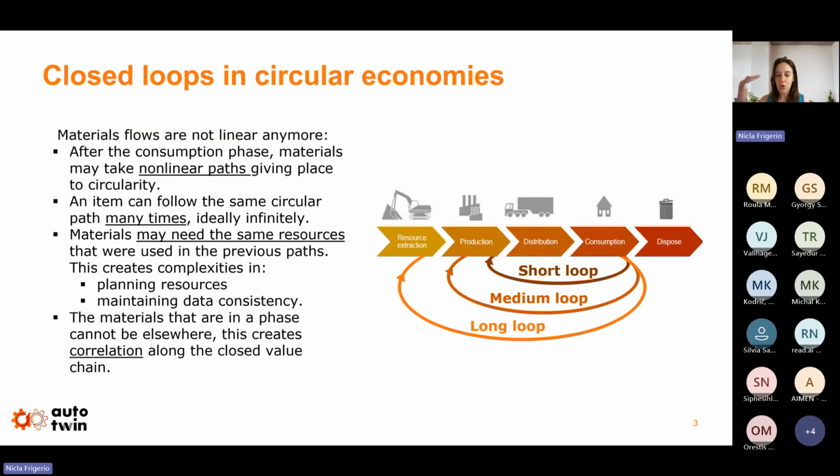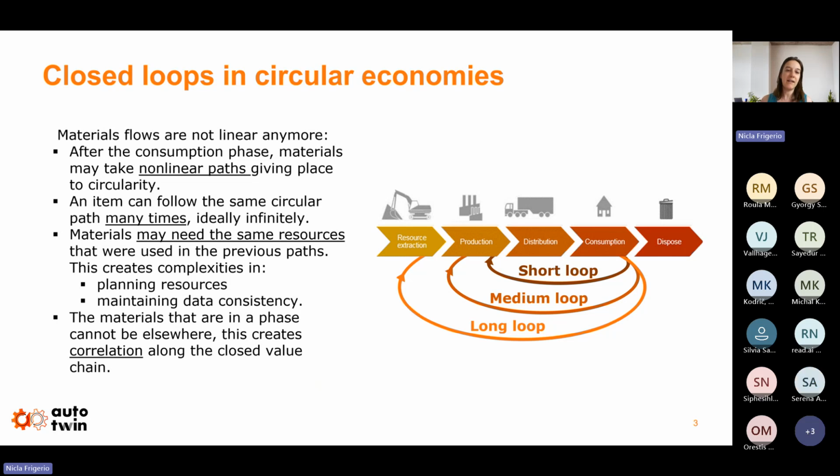Now, going into one by one, we mentioned the closed loop. Material flows are not linear anymore. We have those non-linear paths. And if we go through the literature on value retention options, we see that there are short loops, such as repair and reuse of materials, medium loops that are consistent with remanufacturing, for example, or with refurbishing or repurposing of goods, and very long loops that take into consideration recycling and remining of materials.